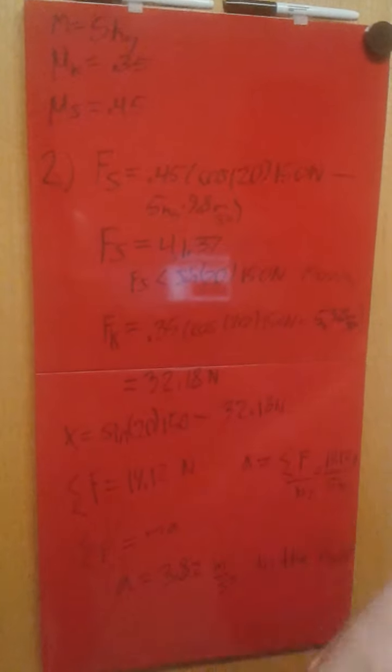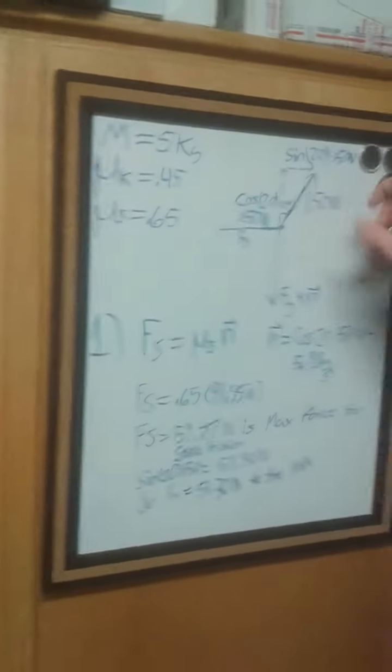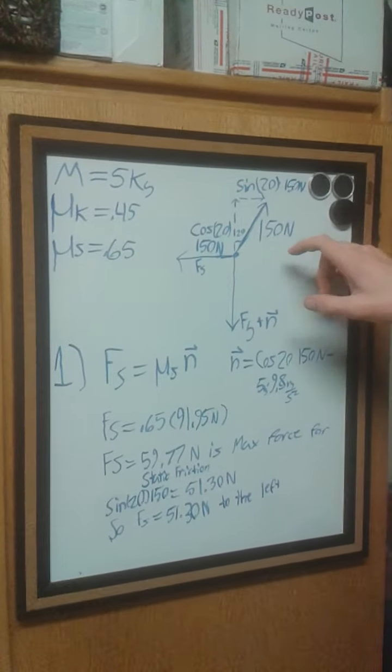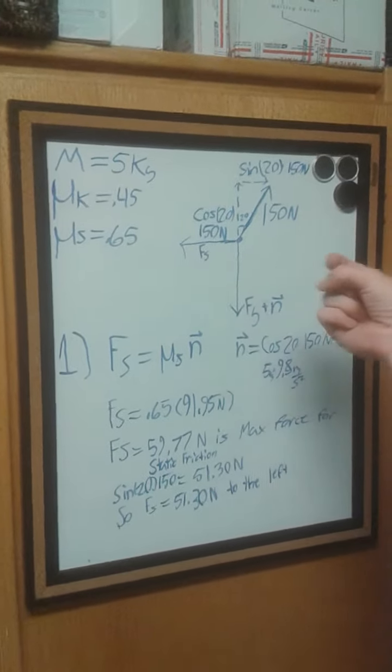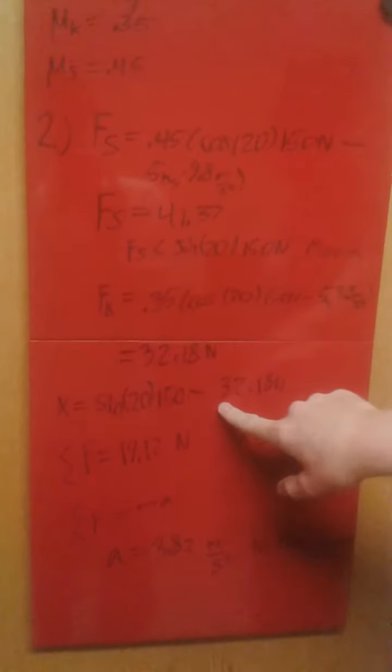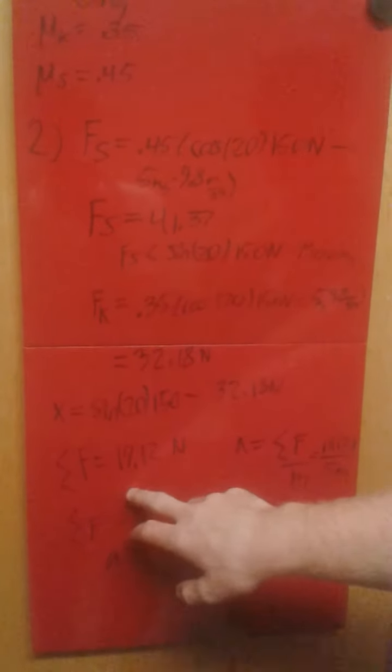And then to calculate the forces in the x direction, we're going to have the force in the positive x direction minus the forces counteracting them in the negative x direction, which gets us 19.12 newtons as the sum of our forces.